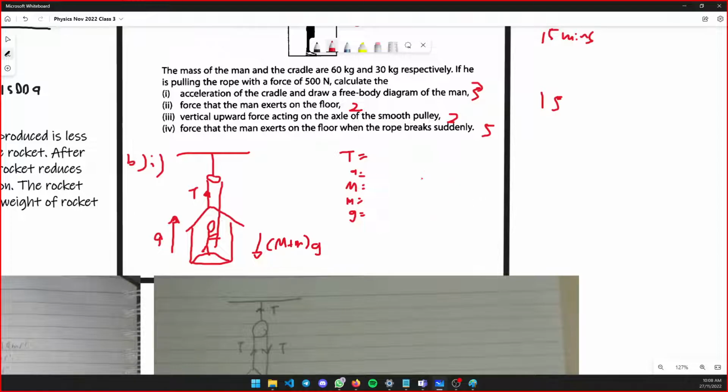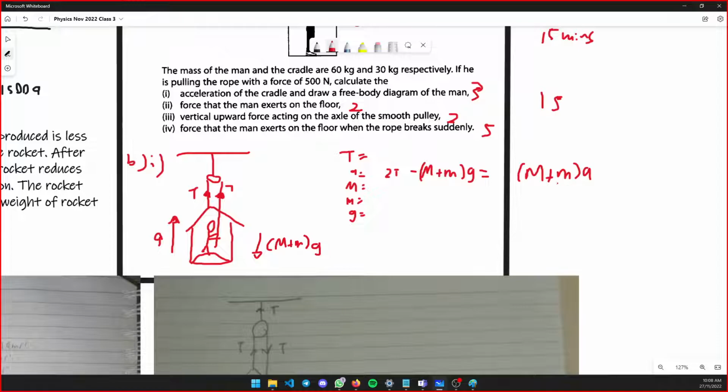So the first question will be something like this. This is up, and this will also be up. There'll be two tensions because you're pulling, so there's tension here and here, that's 2T minus (M plus m)g equals (M plus m)a.